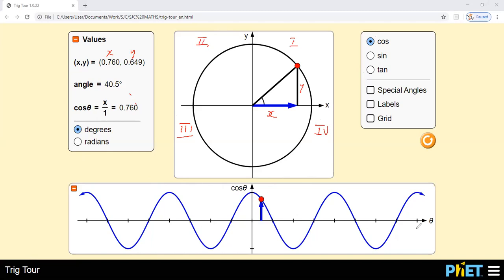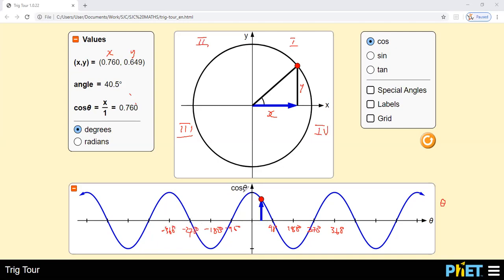Down here are the values of theta, where theta is in degrees, okay? The value here is 90, the value here is 180, the value here is 270, and the value here is 360. Here we have minus 90, minus 180, minus 270, minus 360.